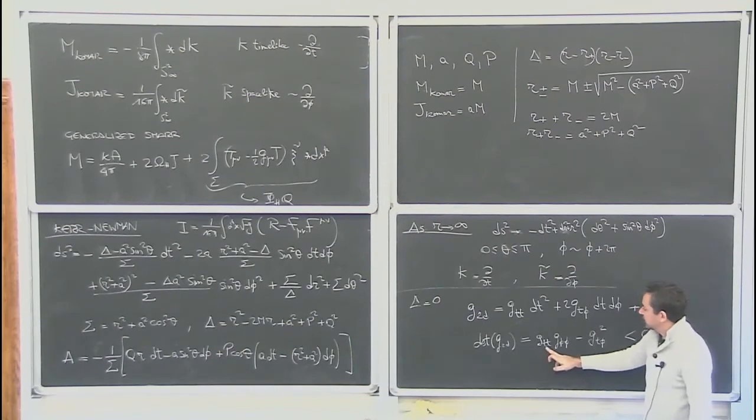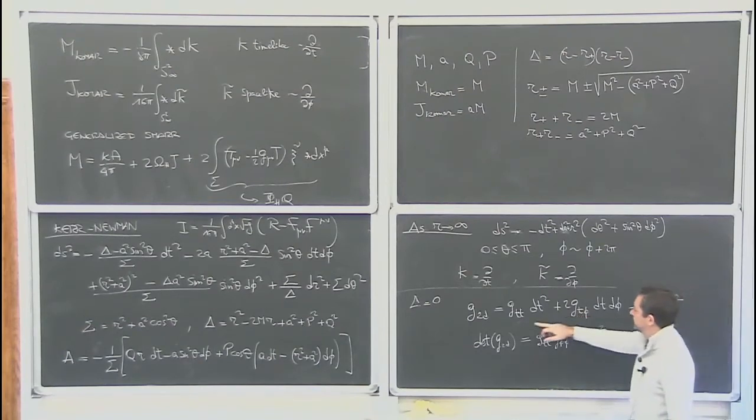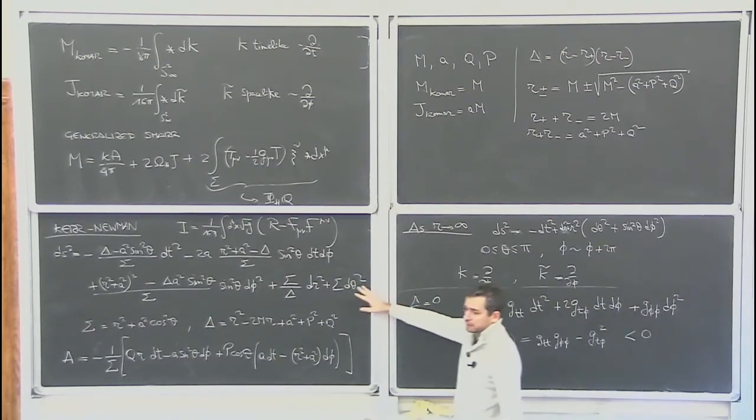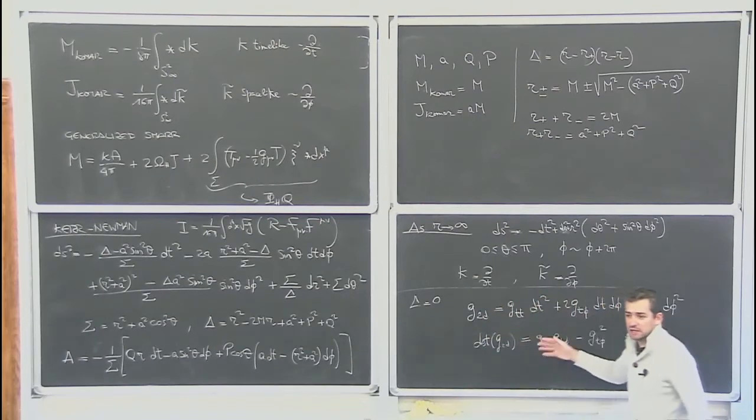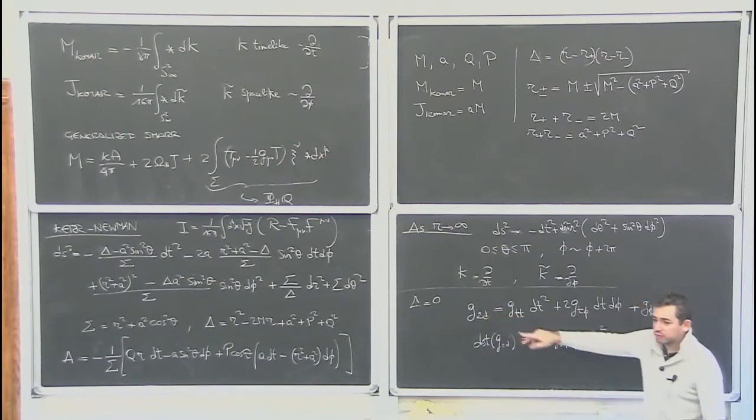This doesn't necessarily mean that g t t is negative, but there is a positive and a negative eigenvalue, so the matrix is Lorentzian. The explicit form of g phi phi, g t phi, and g t t can be read by comparing these two expressions. I'm not writing them again. They are not mysterious functions. They are those that appear over there.